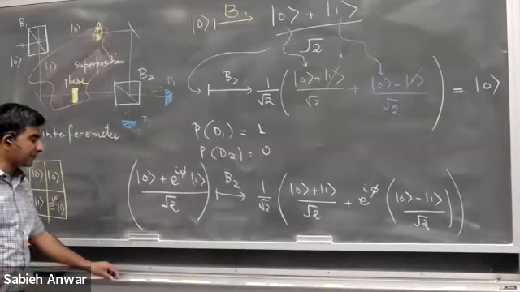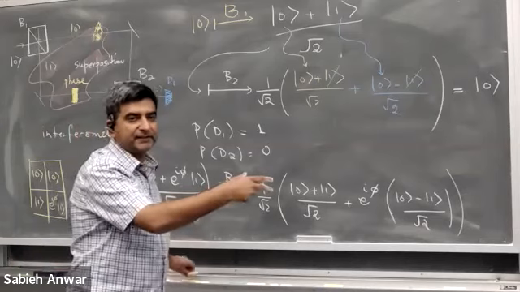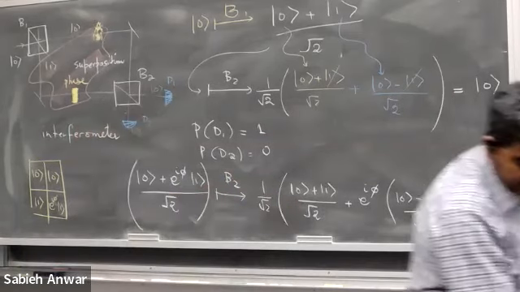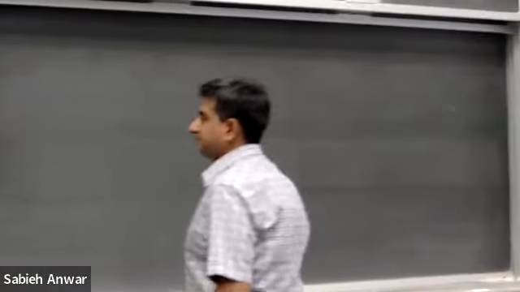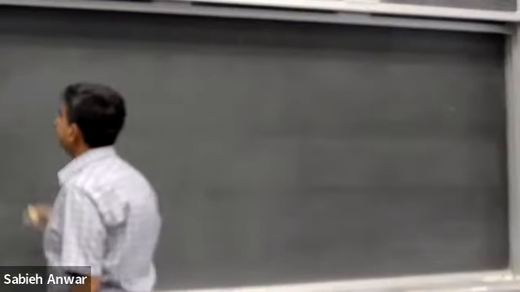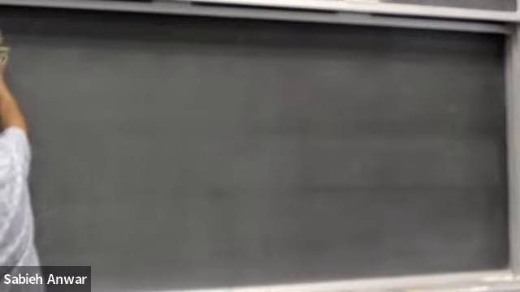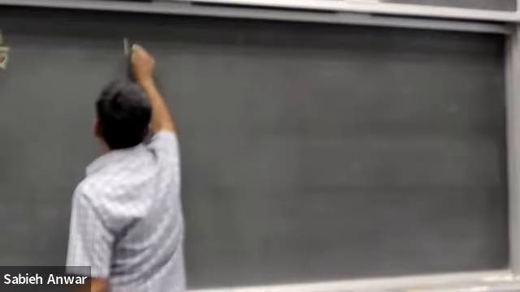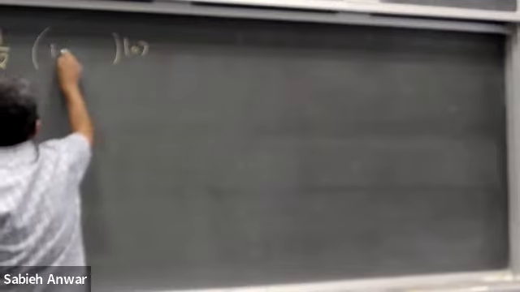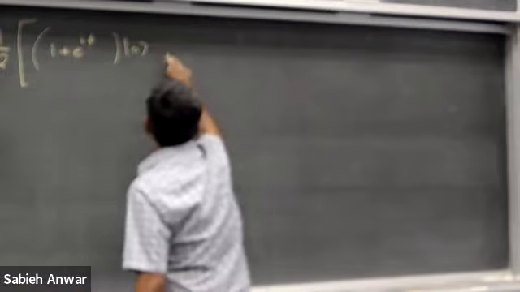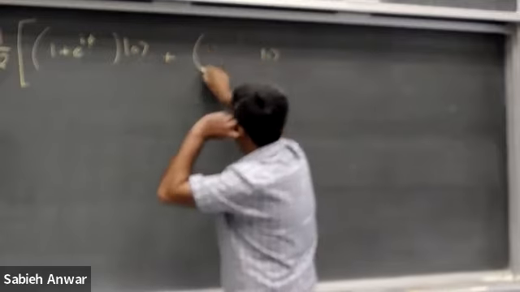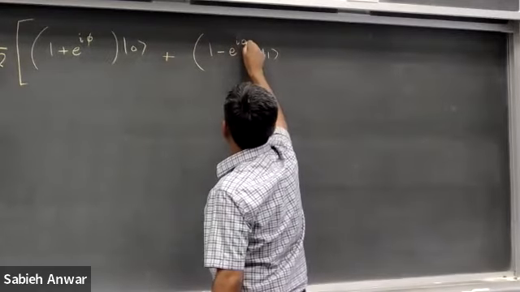Okay, let's now do some algebra and simplify this a little bit. That will be our last undertaking for today. So this becomes 1/2. With ket 0, I have 1 plus e^(iφ). And with ket 1, I have 1 minus e^(iφ).